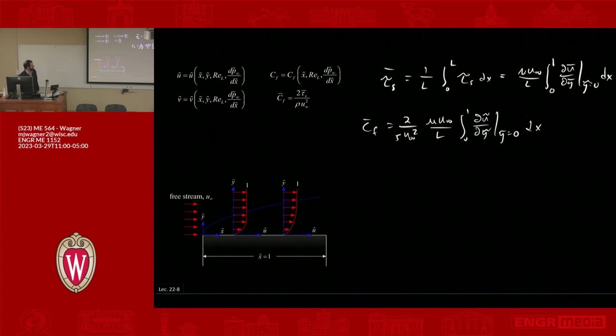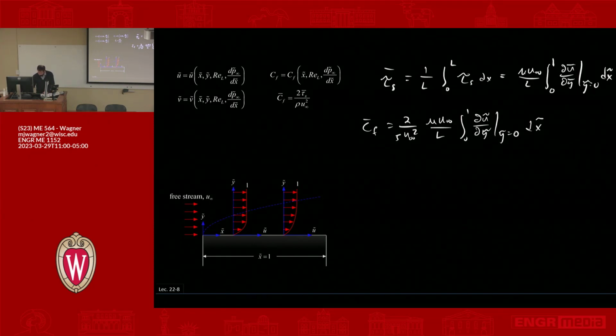Oh, by the way, it's dx tilde, because once we normalize it, it goes from 0 to 1. So dx tilde. Okay, so that's the average definition, so we've got to keep going with this.